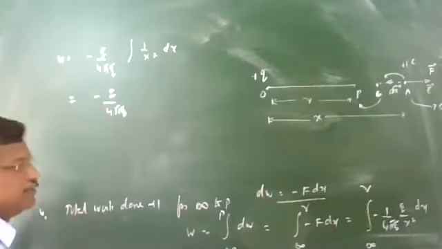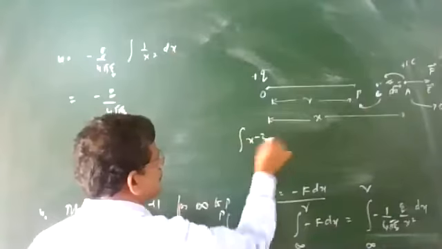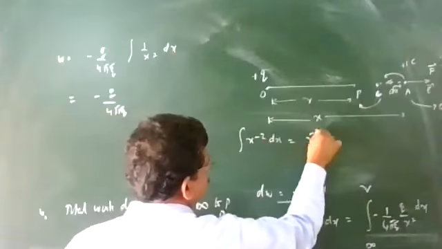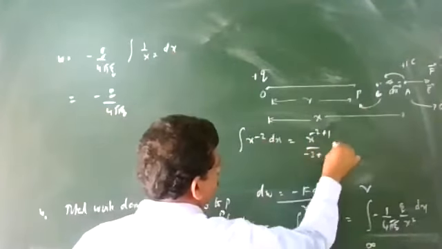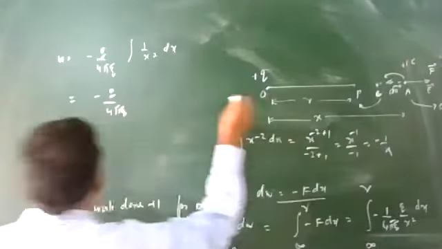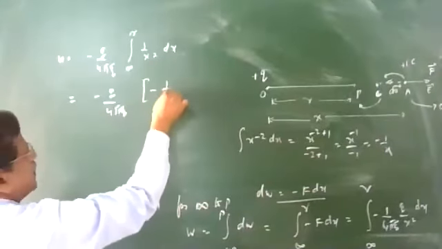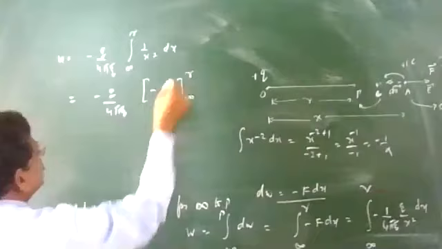The integral of x to the power minus 2 is x to the power of minus 2 plus 1 upon minus 2 plus 1, which is minus 1 upon x. We write this from infinity to R. So this is minus 1 by x from infinity to R.